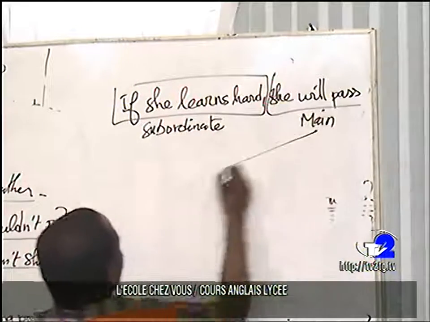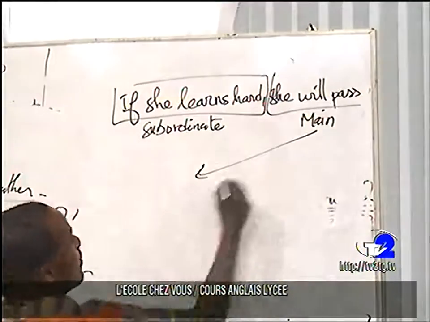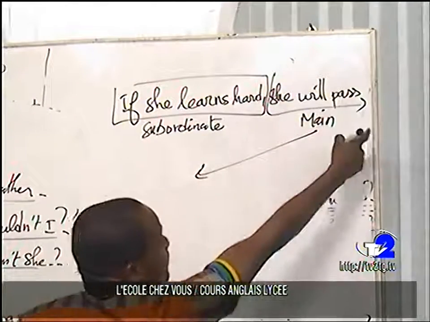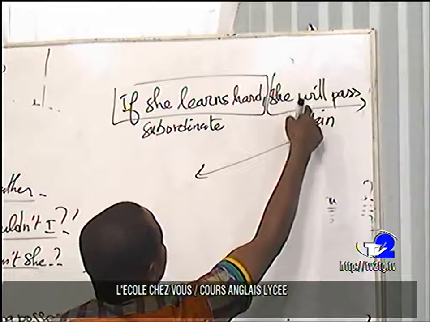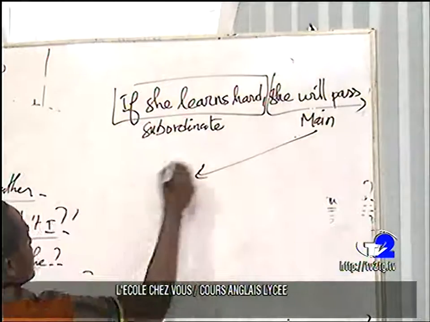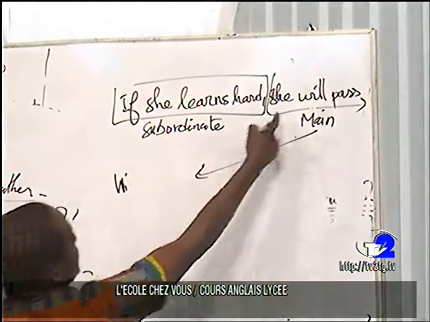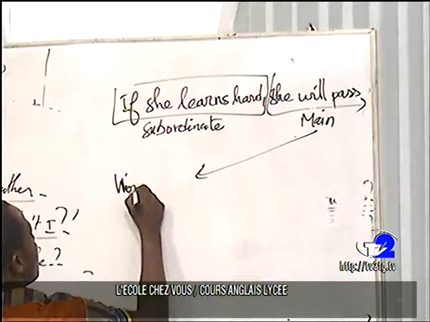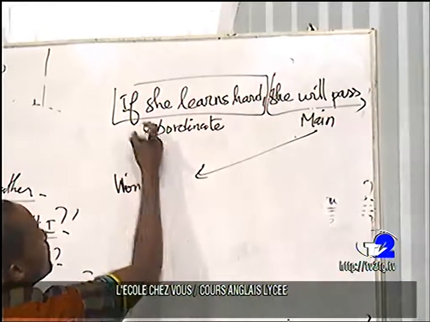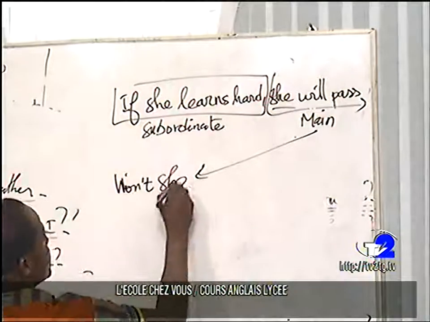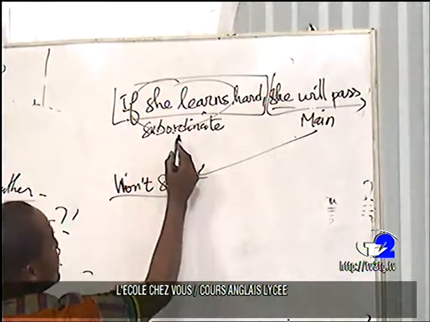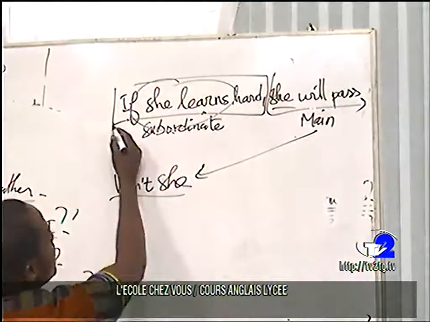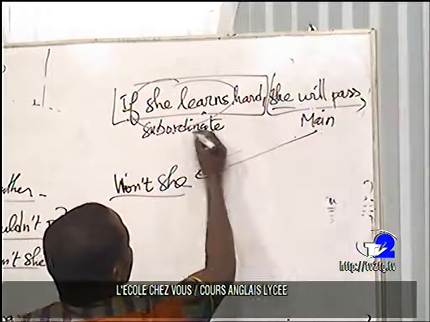We use the verb of the main clause to form question tag. So you must use the verb which is in the main clause. So you have to say will. The sentence is positive, so you have to say won't, and the subject is she. Won't she? Please don't use the verb in the subordinate clause.